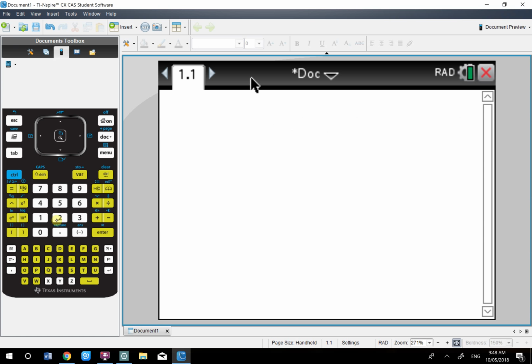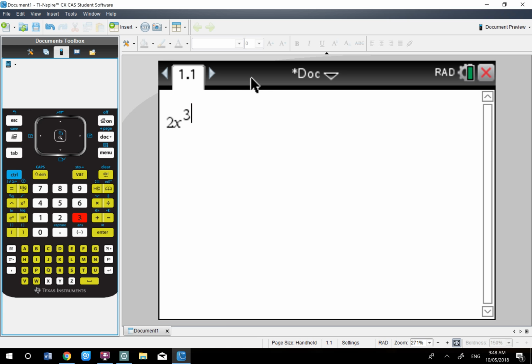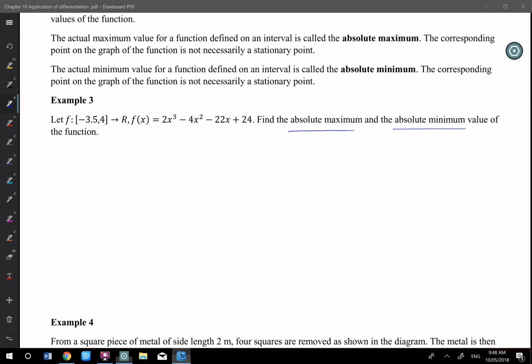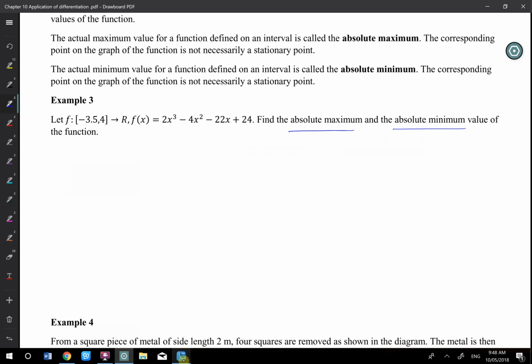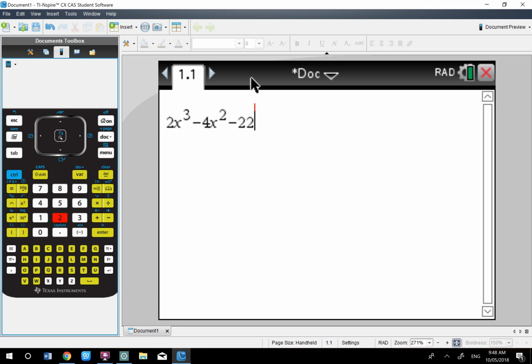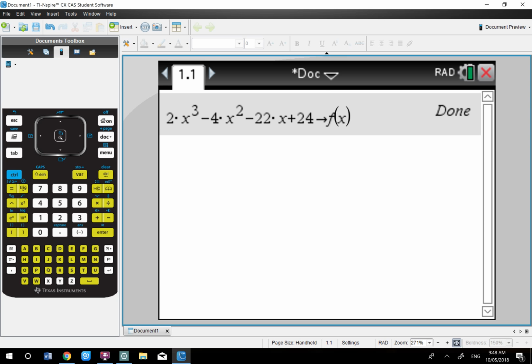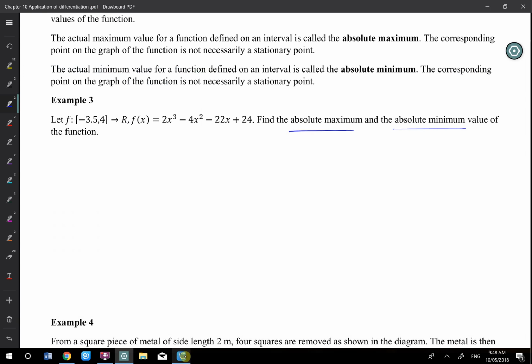I will define this function first: 2x cubed minus 4x squared minus 22x plus 24. Let's say that's f(x). Now we have endpoints negative 3.5 and 4.